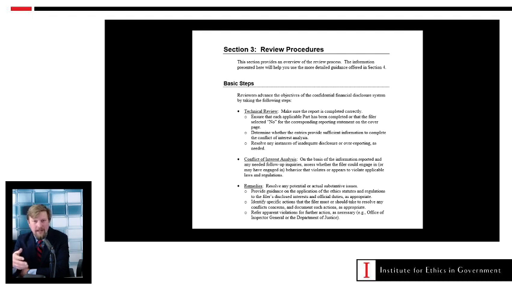And the way we do that, we'll talk about at the end of this exercise, but it means we need to take steps either through advice or steps like selling assets or resigning from outside positions to make sure that there isn't a possibility for conflict of interest. And only once we've taken those steps, only once we've taken care of the risk for potential conflict, may we certify the report.